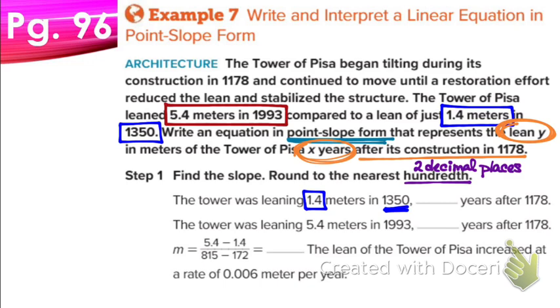How long it had been standing in 1350? Subtract. What am I going to subtract? 1,350 minus 1178. This was the year it was built. So how long had it been standing in 1350? What is 1350 minus 1178?